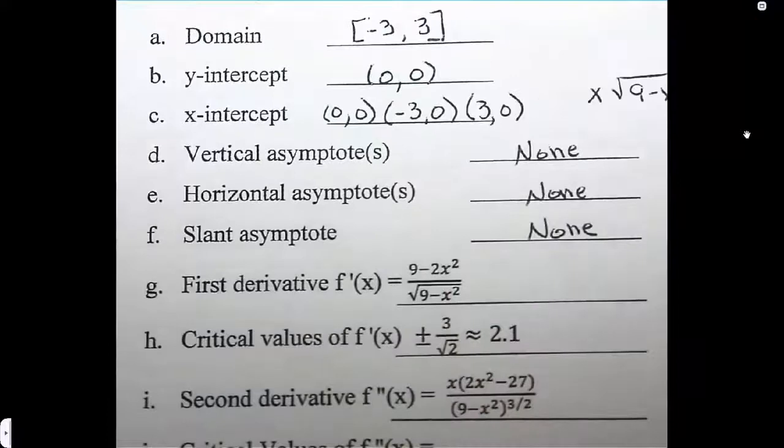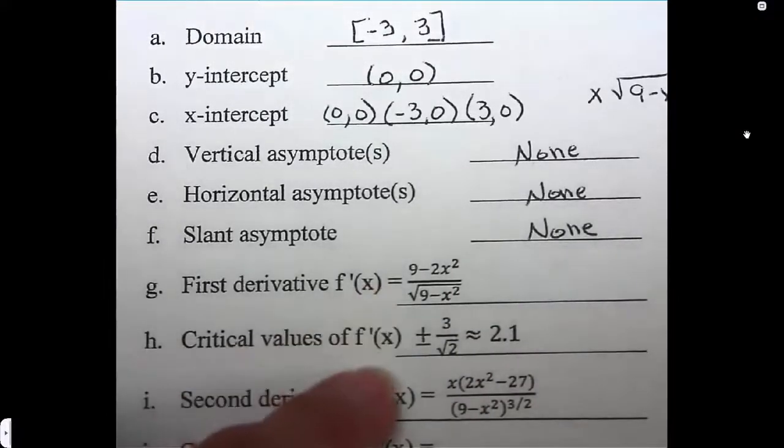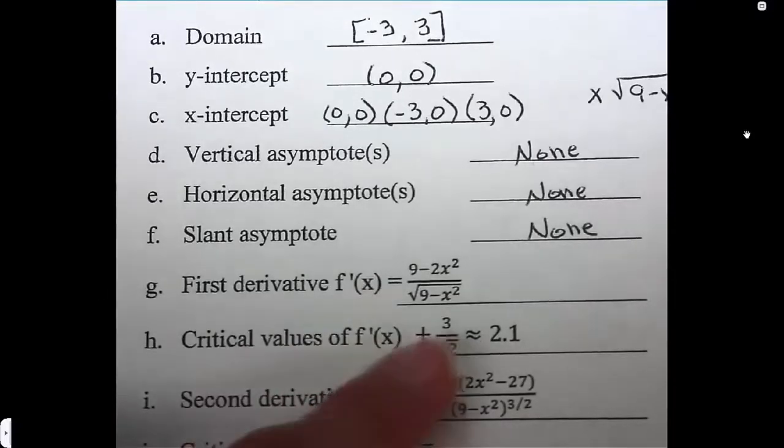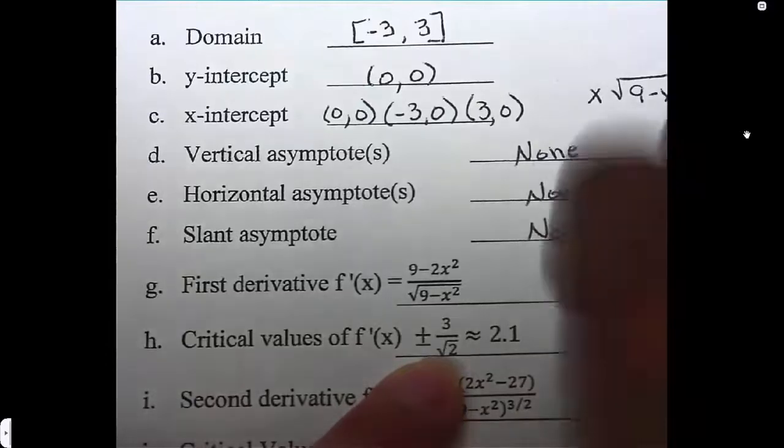And I've gone ahead and given you the first derivative. And actually, I went ahead and told you the critical value of the first derivative. Where did I get that plus or minus 3 over square root of 2? Setting the whole fraction equal to 0, which is equivalent to just setting the numerator equal to 0.